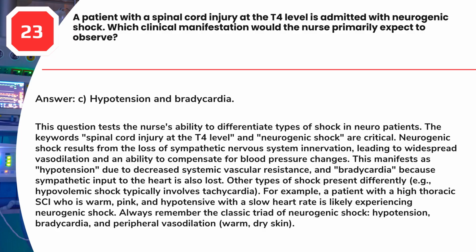Other types of shock present differently. For example, hypovolemic shock typically involves tachycardia. For example, a patient with a high thoracic SCI who is warm, pink, and hypotensive with a slow heart rate is likely experiencing neurogenic shock. Always remember the classic triad of neurogenic shock: hypotension, bradycardia, and peripheral vasodilation (warm, dry skin).